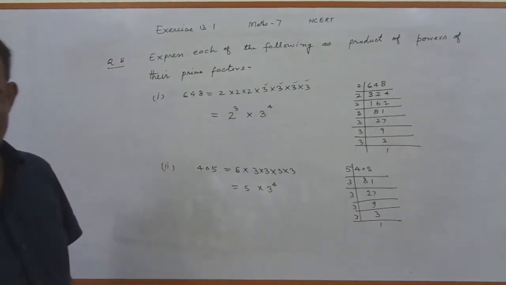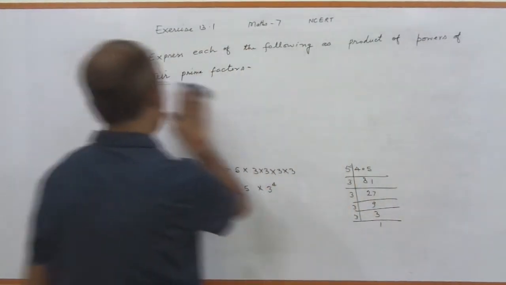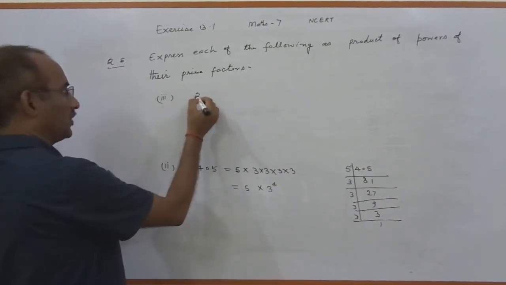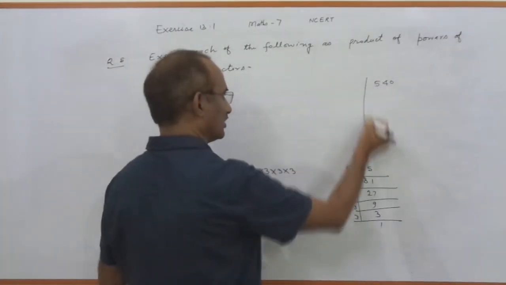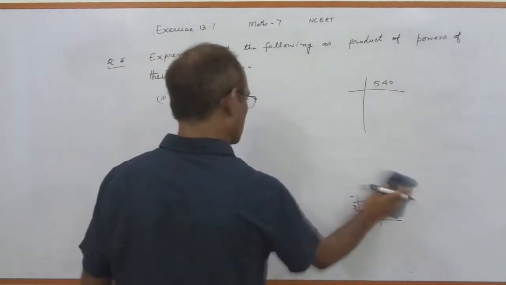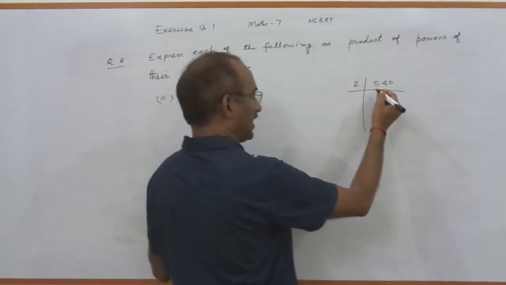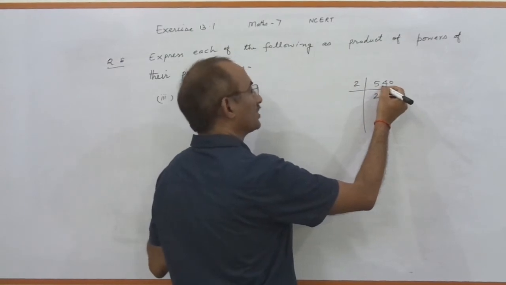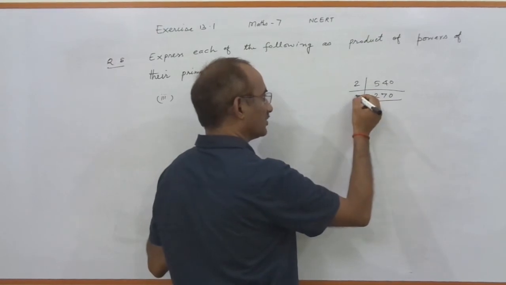Now come to question third. In the third question we have 540. It is divisible by 2, and here we get 270.